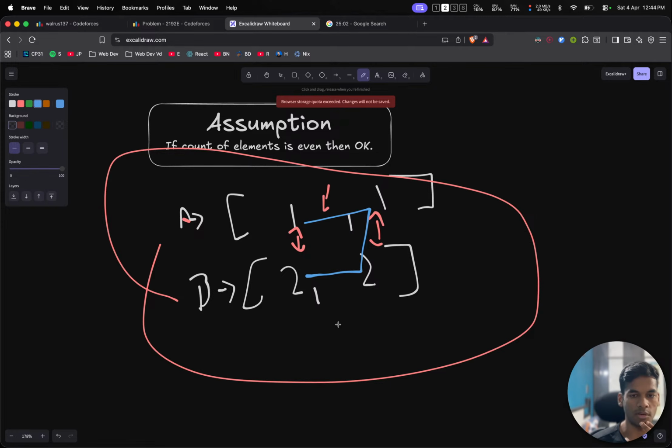Yes, this is a bipartite graph problem. No, shit, this is not. This could be. Let's see.